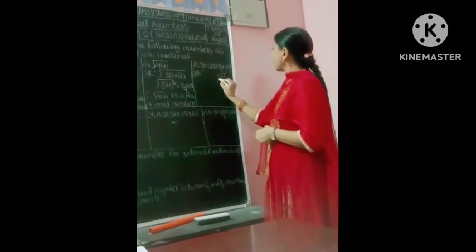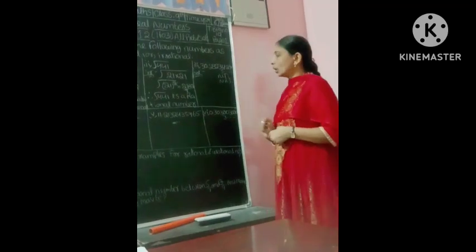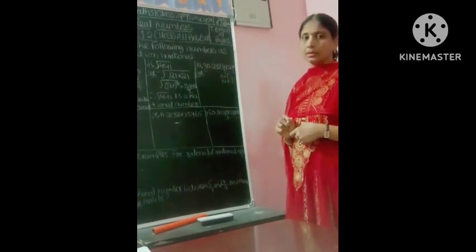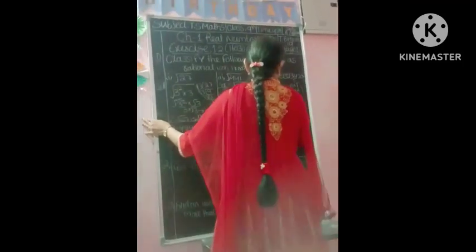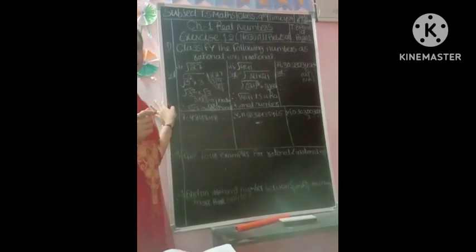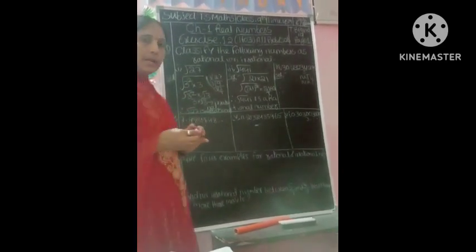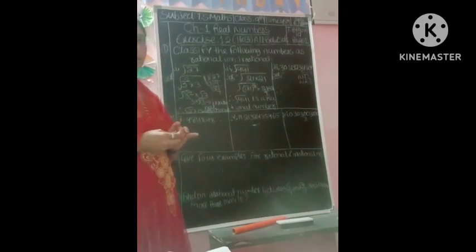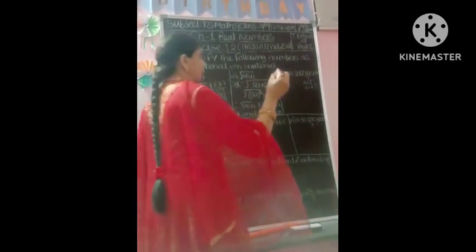So non-repeating numbers. What is the definition of irrational numbers? The definition is that numbers which are non-terminating and non-repeating are called irrational numbers.